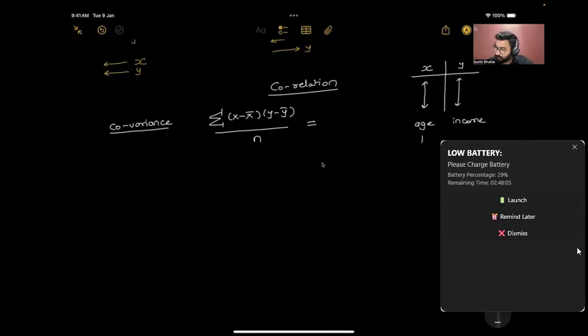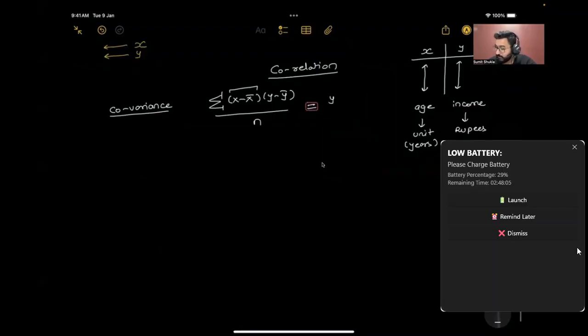So the unit of age is in years, while income, the unit is, let's say, rupees. Right? So here, this x minus x average will yield the unit as years, because some year minus the average year will give you year only, right? So the unit over here that you will get is year and rupee. So the value that you will get over here will follow this unit.